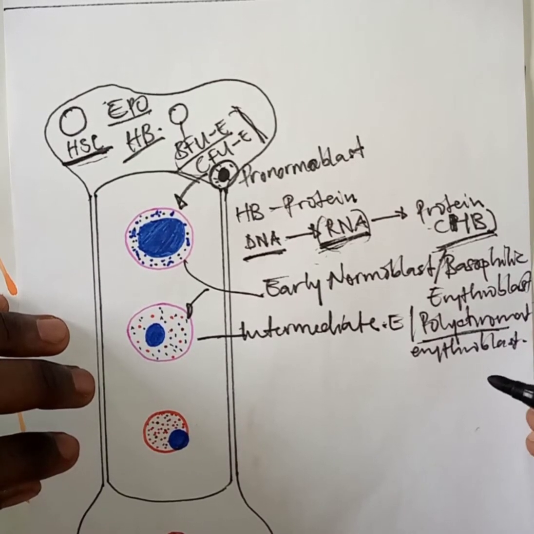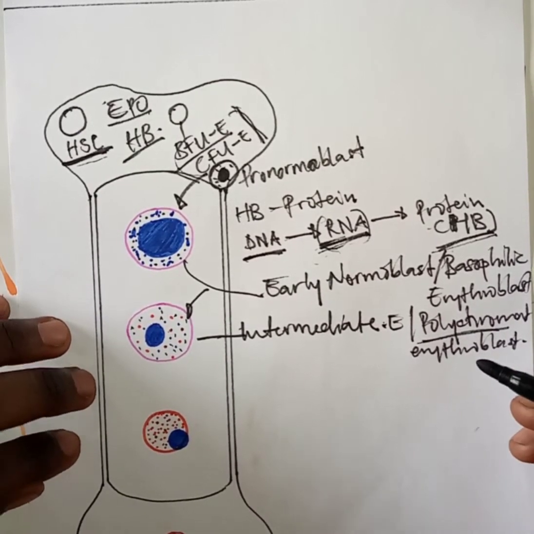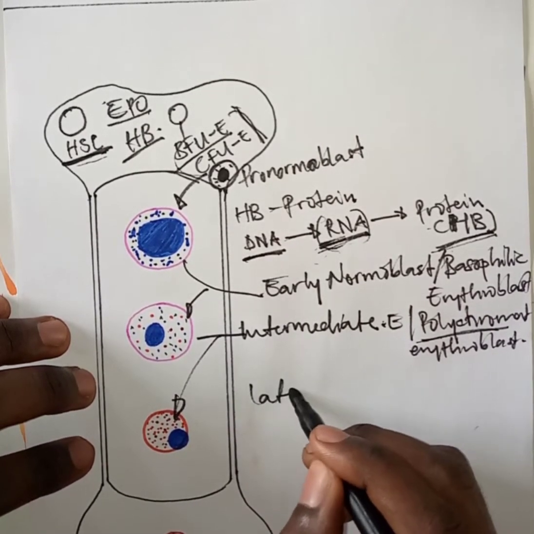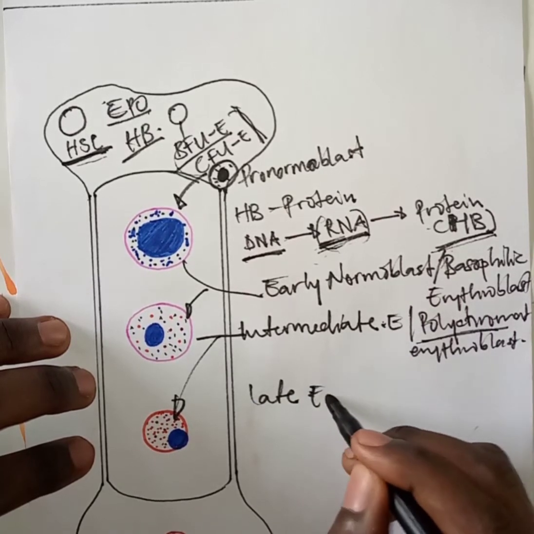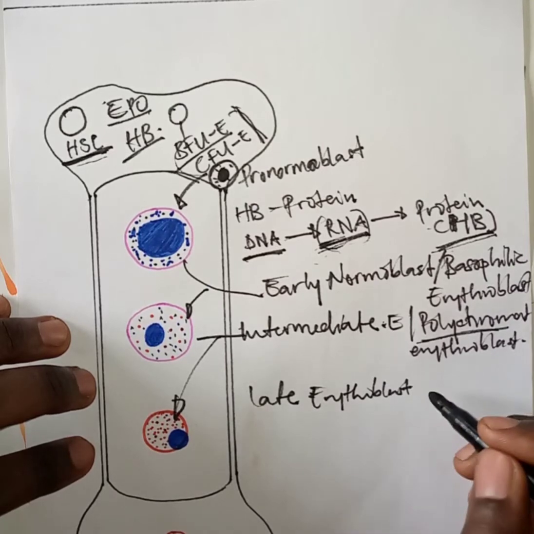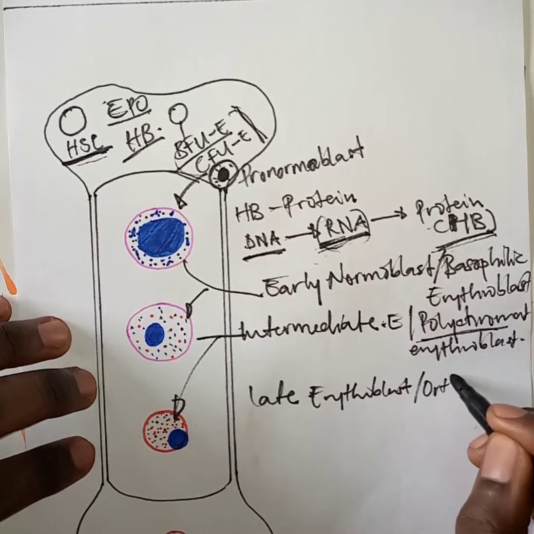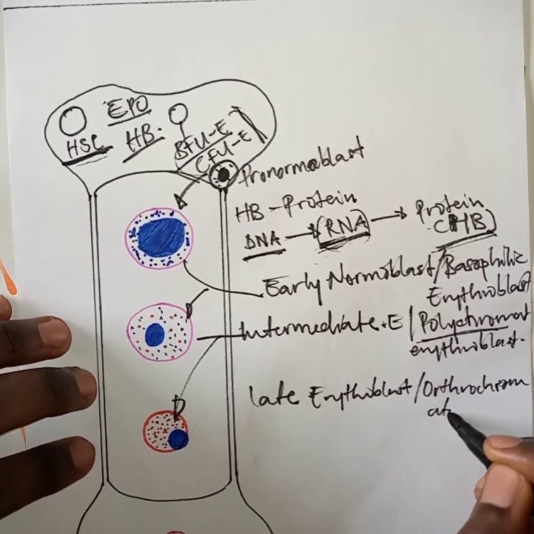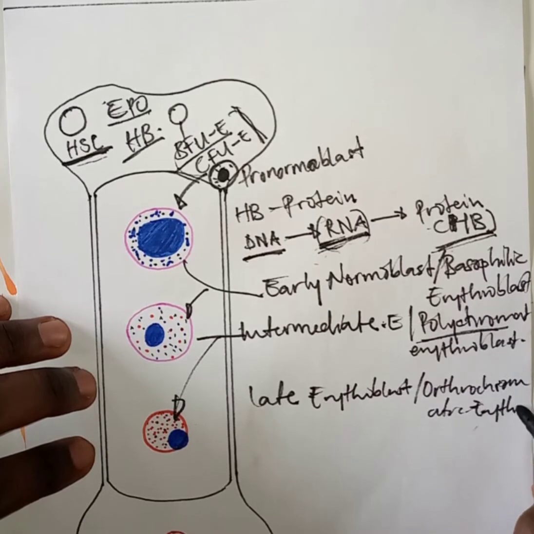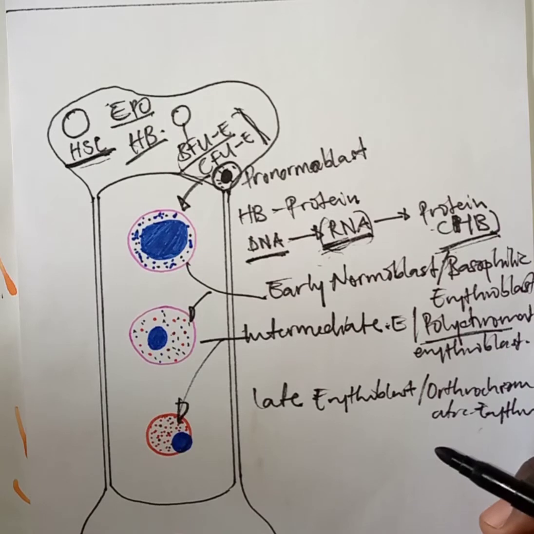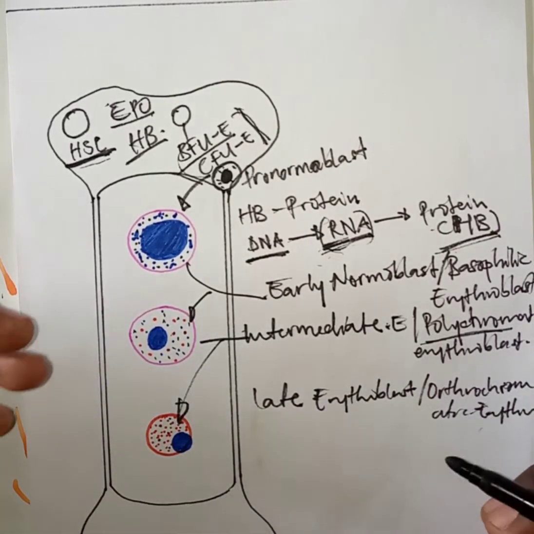So the intermediate erythroblast gives rise to a late erythroblast, which is also called orthochromatic erythroblast. It is called orthochromatic because now it almost stains as a red blood cell or a mature red blood cell.